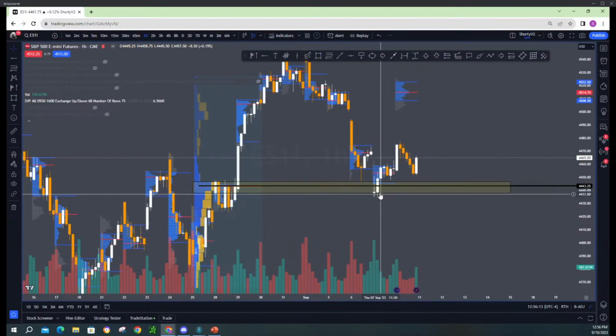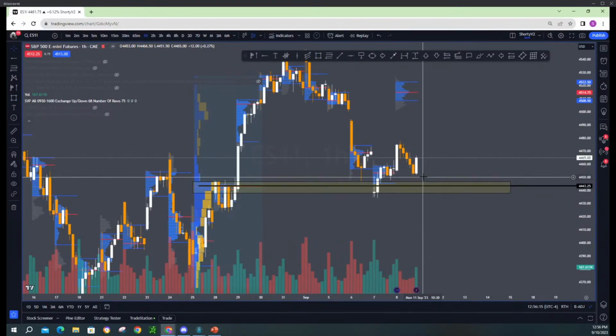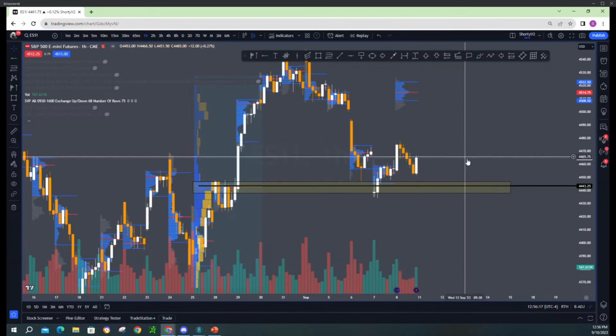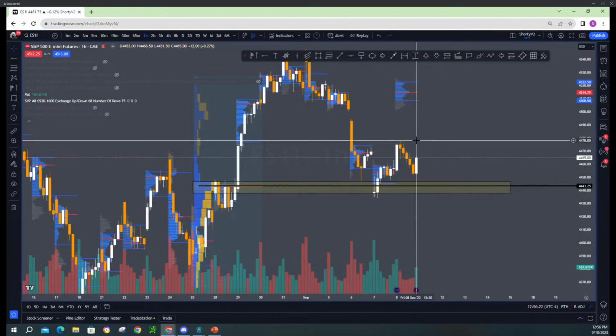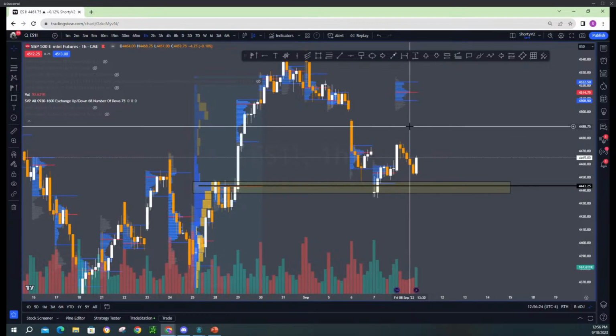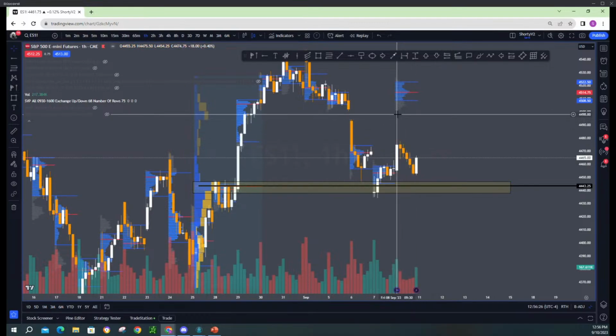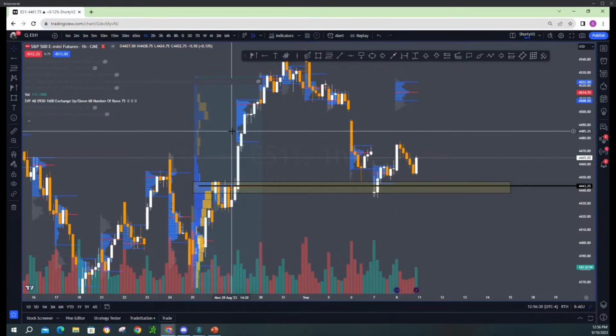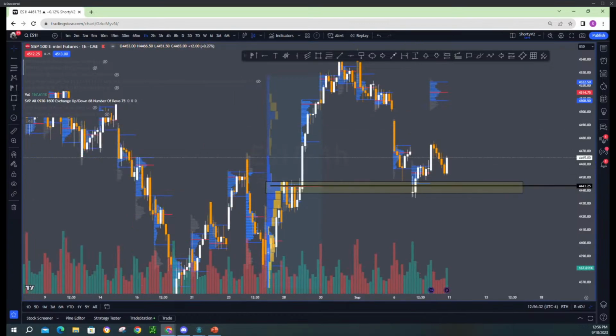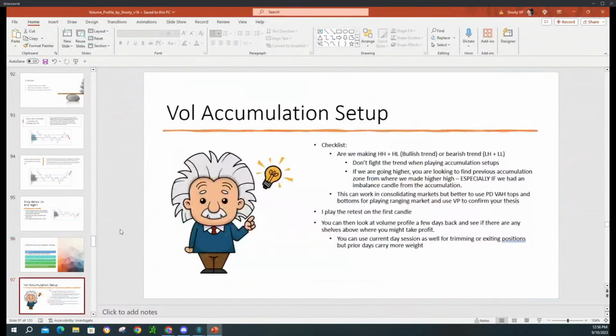When it comes back, you want to play it. Right now, I'm not really interested in this because it flew away, right? If I was playing this, and I did, you go here and you're catching 40 points on ES. Probably should be done trading for a month if you catch it with a couple of contracts, right? Wow. So that's how I played those setups, and I kind of go into the details of your checklist.